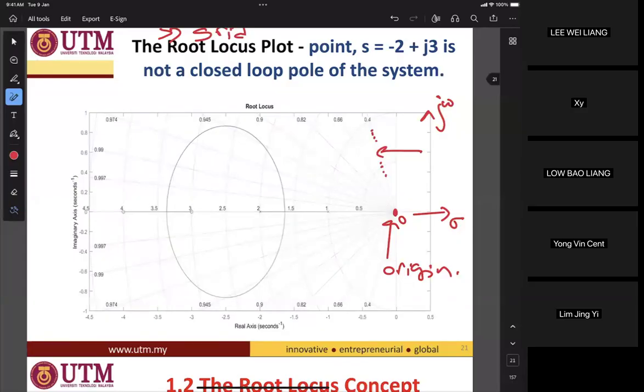Real axis. What is the name of this line? This one is a circle. Yong?